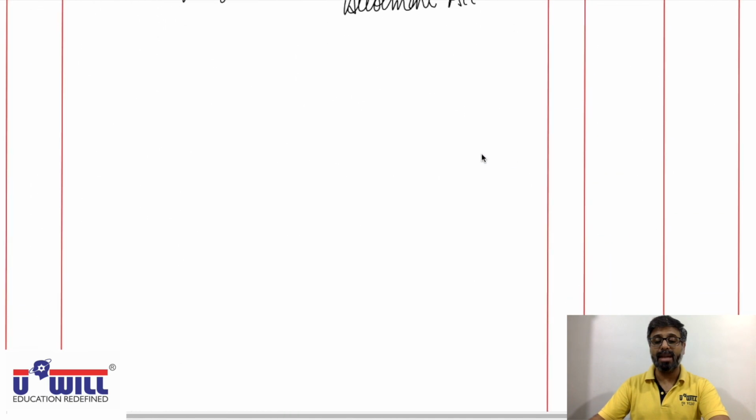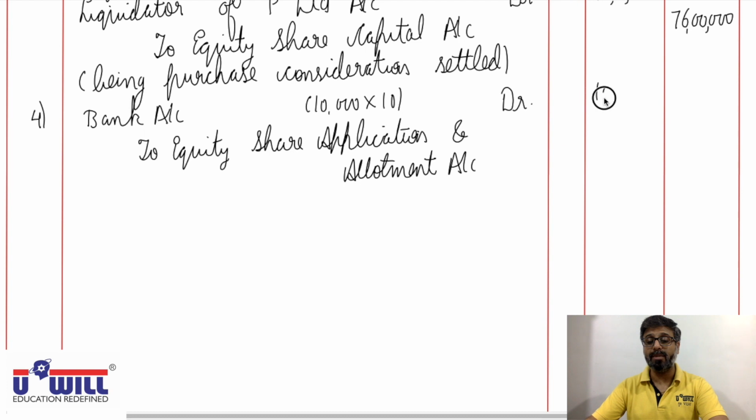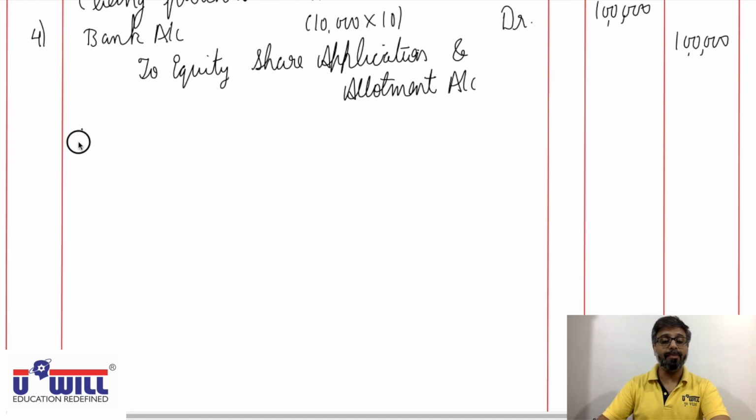So duly subscribed means 10,000 into 10. What is the amount we are going to receive? 1 lakh. Being application money received.